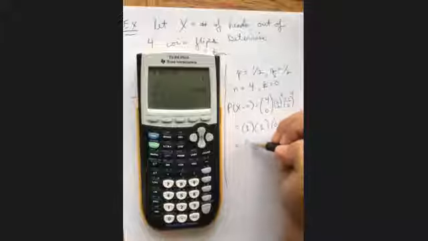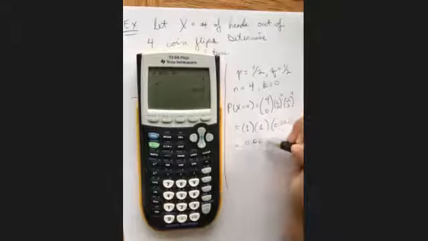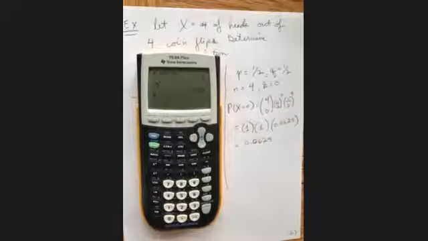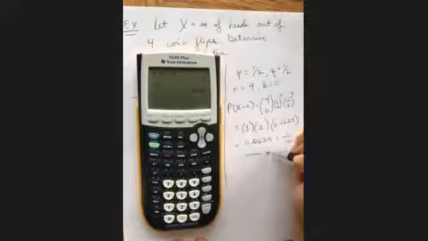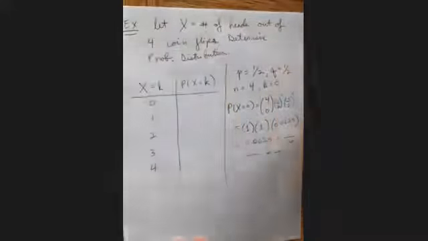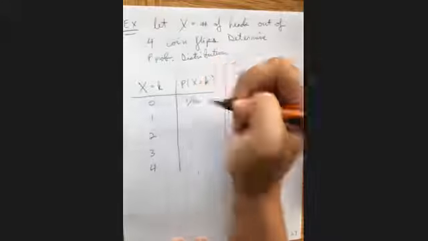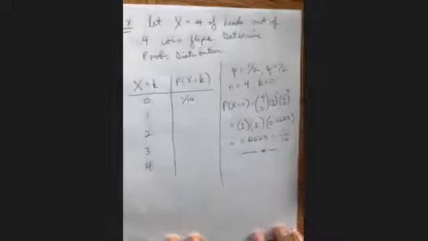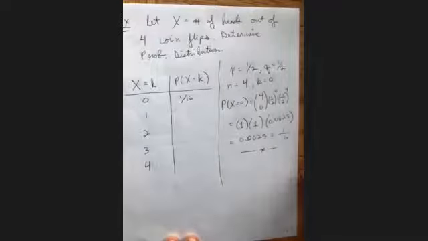So we see what the probability is, 0.0625, which, by the way, is equal to 1/16. Okay, so that is the first probability, 1/16. Now we can use the formula to calculate all the other probabilities.